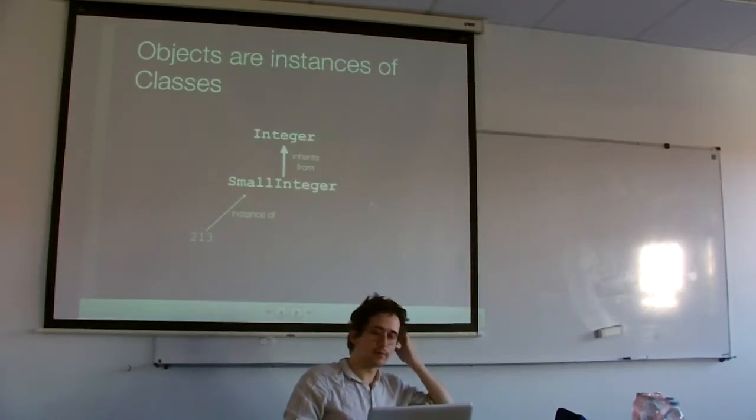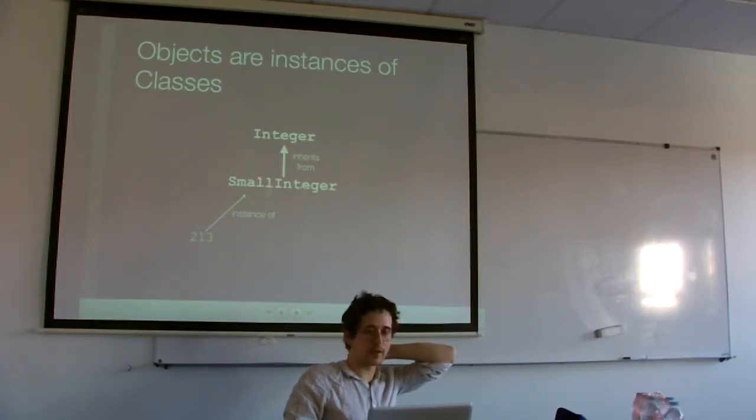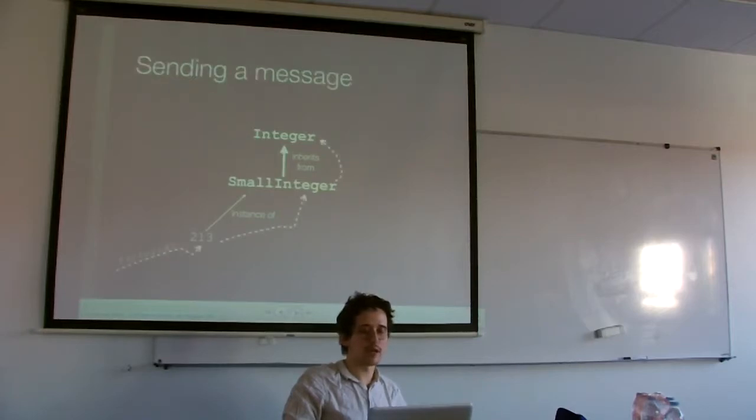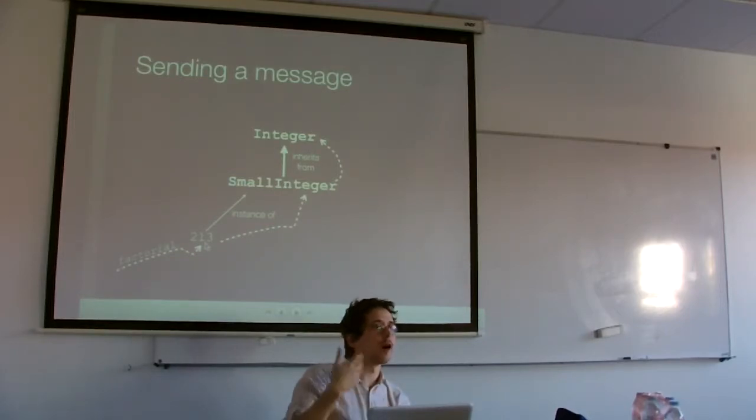Here, a small diagram: we have the object that is an instance of SmallInteger, which inherits from Integer, and the inheritance chain goes up to Object. When you send a message to an object, say I'm sending the message factorial to this object, the algorithm to find the actual method to be executed is the following.